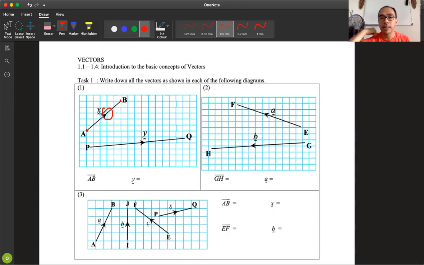So for example, this ship starts at point A and goes to point B, and let's say the distance is 5 kilometers. If this is a vector quantity, then I will say this ship is moving 5 kilometers towards the northeast.